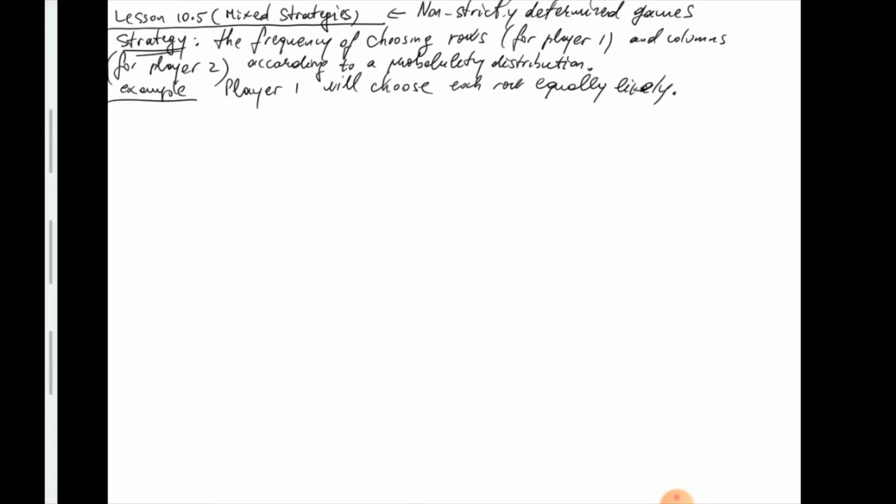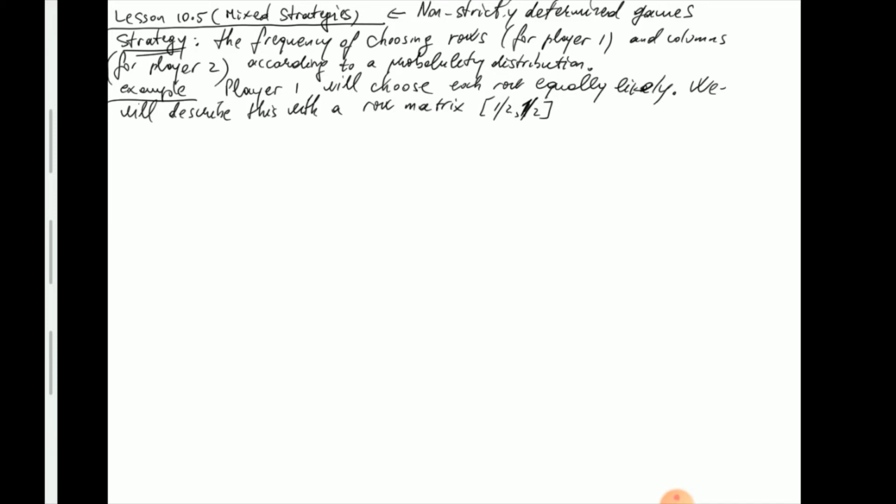So we will describe this with a row matrix, which in this case is going to be 1/2, 1/2. That means there's a 50% probability of choosing row 1 and a 50% probability of choosing row 2, 50-50, right? So he will choose row 1 with probability 1/2, row 2 with probability 1/2.